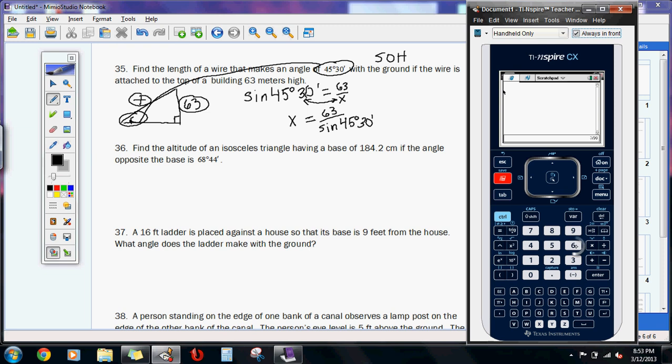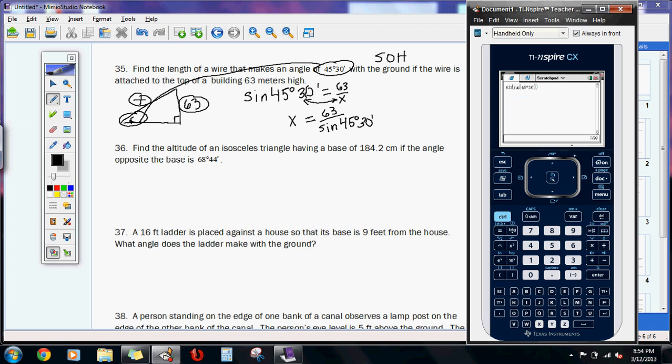So we have 63 divided by, and in parentheses, I'm going to put the sine of 45, and if I hit Control Catalog here, we can see we can get the degree symbol to come up, and then it was 30 minutes, so 30, hit Control Catalog again, and then over here is the minute symbol.